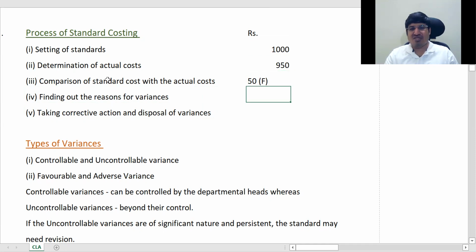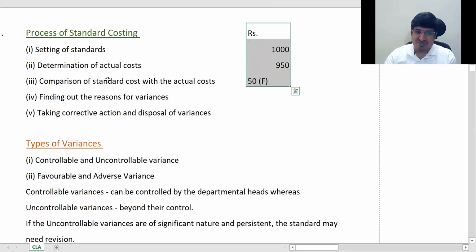So for this, you will take some corrective action, so next time you don't get it, or next time the variance is at least less. Of course, the last point would be for unfavorable variance. If it's favorable, it's good, but you will have to again investigate to see if your standard was properly set or not. Okay, so this is the process of standard costing.